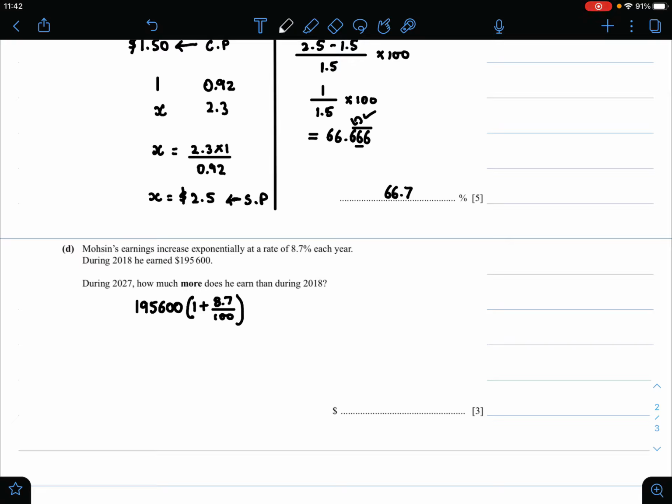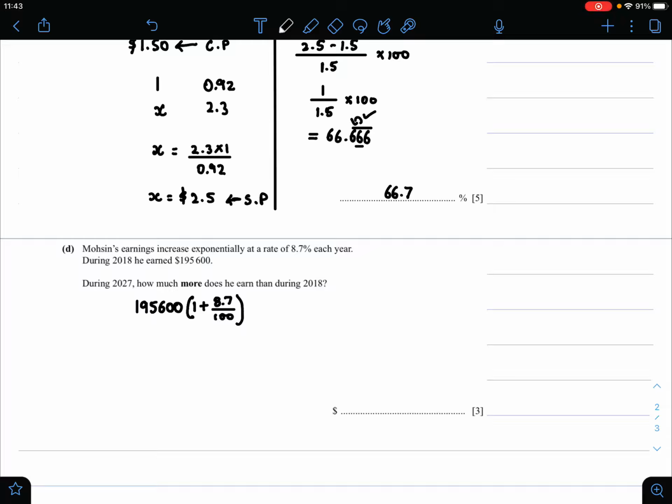Now, they are asking us that during 2027, how much more does he earn than during 2018? So, we have to find the difference between the amount that he earns in 2027 and the amount that he earns in 2018. So, the difference between 2027 and 2018 would be 9 years, because 2019, 2020, 21, 22, 23, 24, 25, 26, 27.